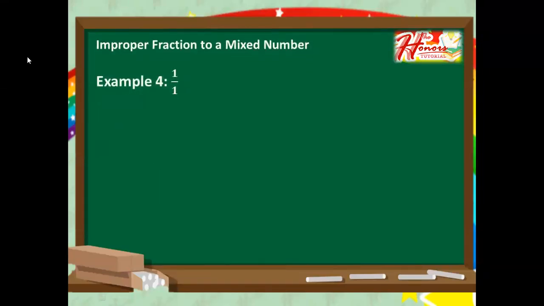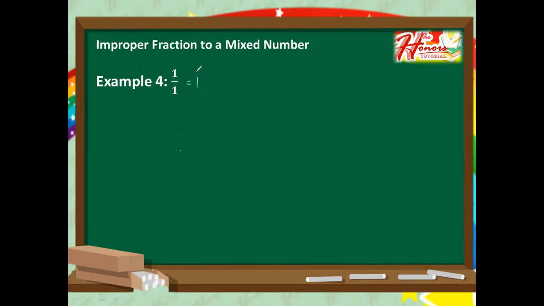How about 1 over 1? For 1 over 1, if you want to simplify fractions having exactly the same number in the numerator and denominator, automatically this is equal to 1. No need for us to solve.